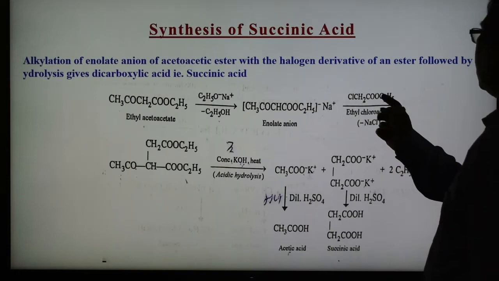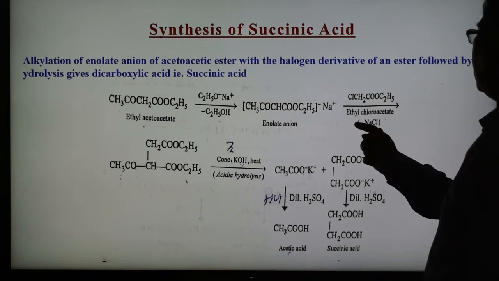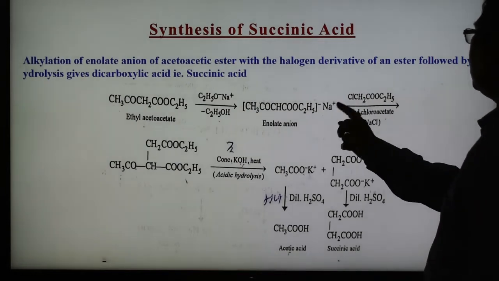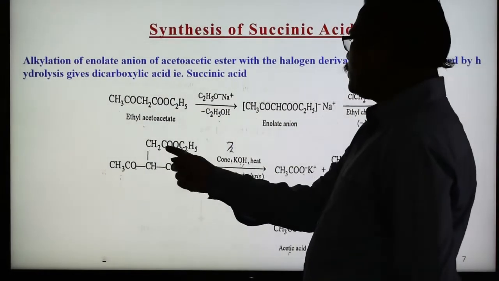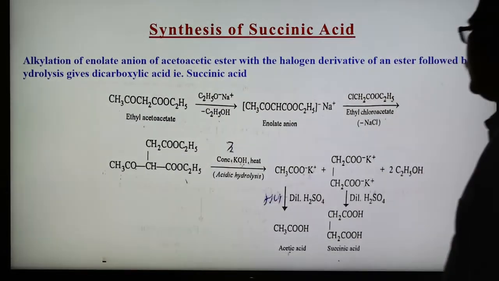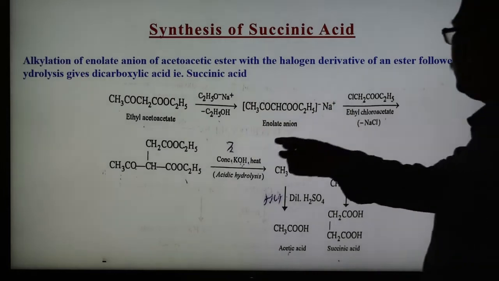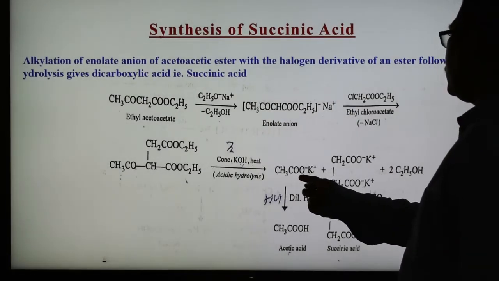After that this ethyl chloroacetate reacts, and this NaCl is replaced, and this group is attached here. So see here CH2COOC2H5. So this is the alkylation stage, and after that hydrolysis with KOH we get the potassium salt.